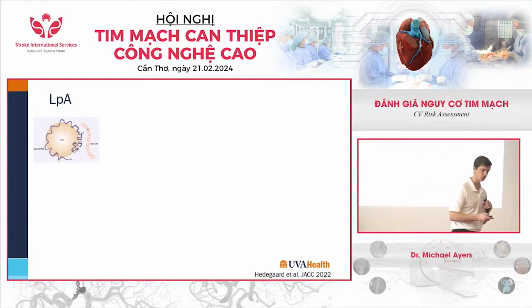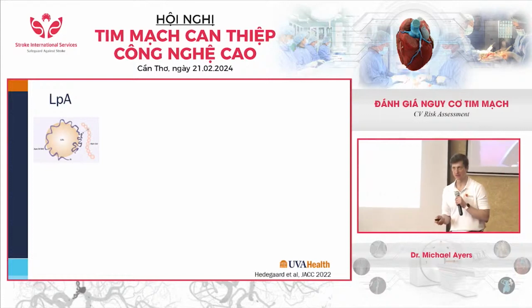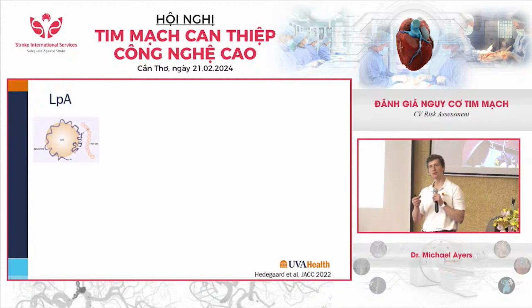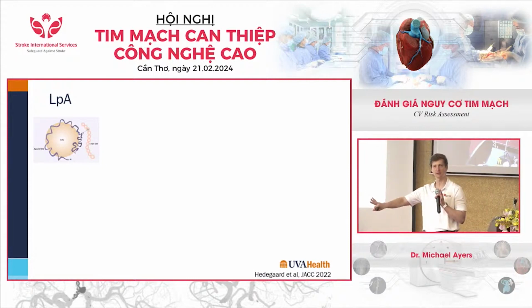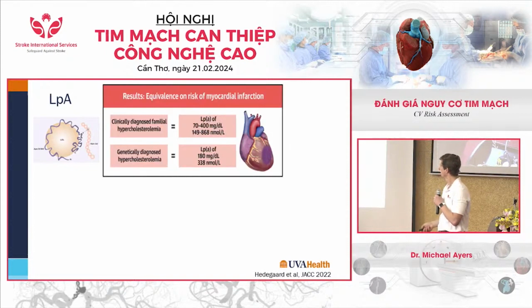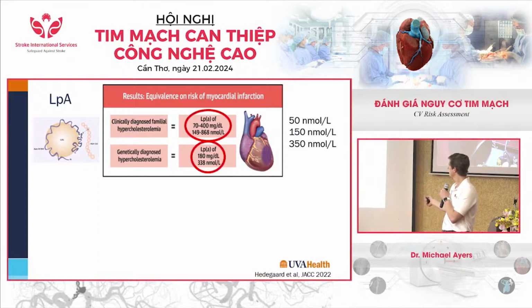Okay, let's now talk about the other things in residual risk that a cardiologist could do or a neurologist could do. The first one we'll mention is LPA. Lipoprotein little a is an ApoB100 moiety, so it's in the same family as LDL, but it has this huge Apo little a protein that sits on the outside of the particle. The easiest way for me to communicate risk as it relates to LPA is that when your LPA goes above 50, you have added risk.